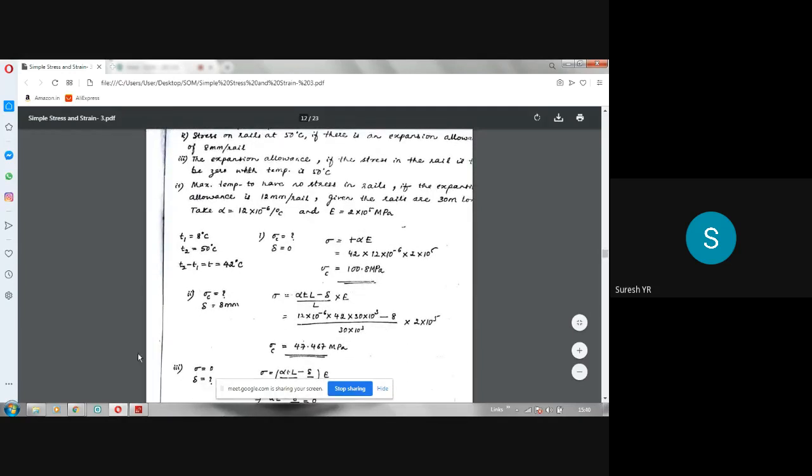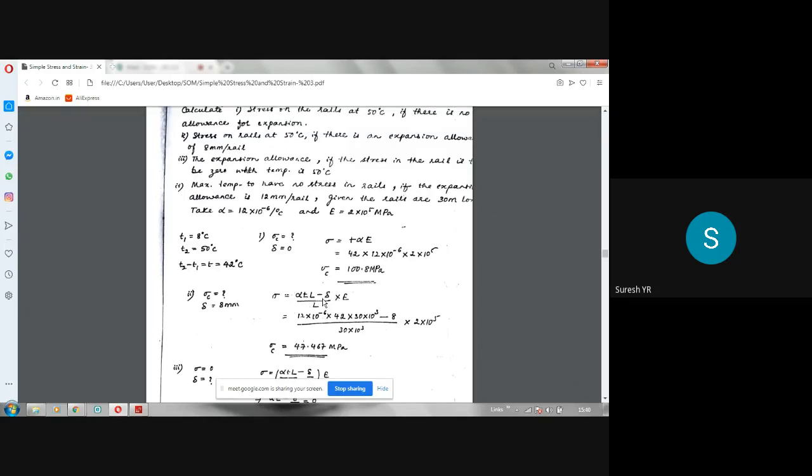See here, sigma is equal to delta L by L into E, where delta L is alpha TL minus delta, small delta, divided by L into E. So substitute. Alpha is 12 into 10 power minus 6, T is 42, L is 30 meters. Please note, I have converted 30 meters to millimeters.